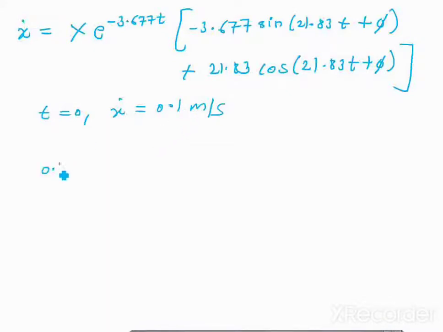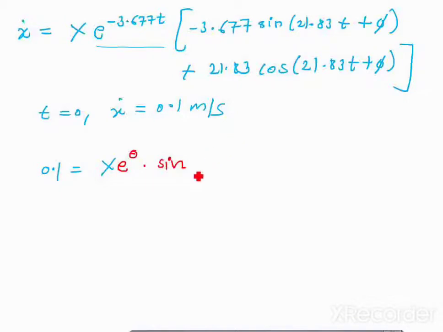So put 0.1 is equal to x as it is, e raised to 0, which will become 1, into sine, and put everything one by one. What will we get?